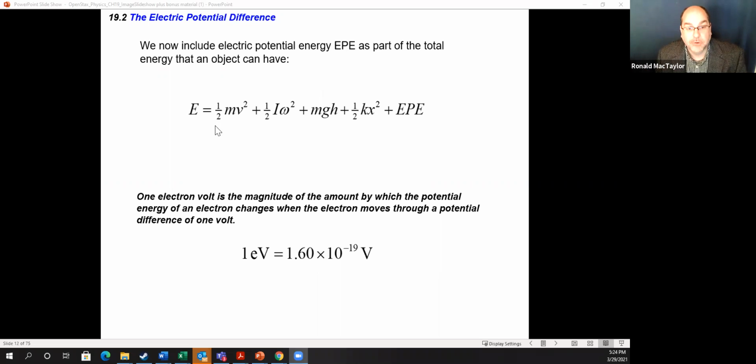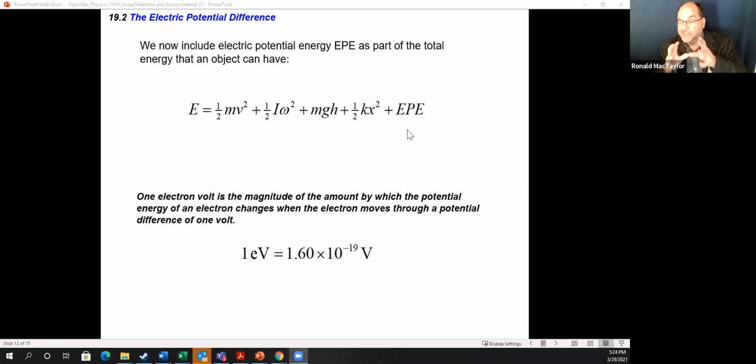And then added to all of these things is also now this electric potential energy. If the object has charge and is in some kind of electric field, that's another form of energy. So we're keeping all of these generally in mind as we encounter the world, and it's getting more and more complex.